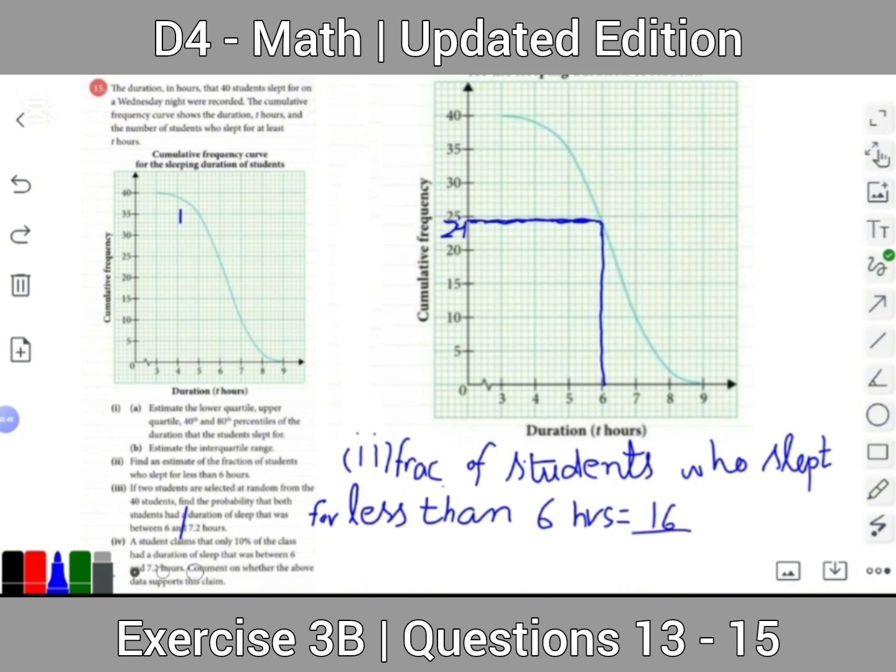So we have 16 divided by 40, and with the table of 2, we have 2 8s are 16 and 2 20s are 40, and here we have further simplification, 2 4s and 2 10s are 20. Further simplification gives us 2 2s are 4 and 2 5s are 10, so it will be equal to 2 over 5. So the fraction of students who slept for less than 6 hours is equal to 2 over 5.